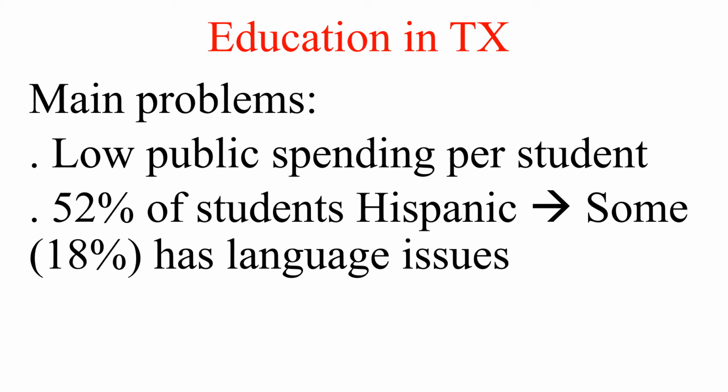Secondly, more than half of the students in Texas are of Hispanic origin, and some of them, statistically 18%, roughly 1 out of every 5, speak Spanish as the primary language and English as a secondary language.